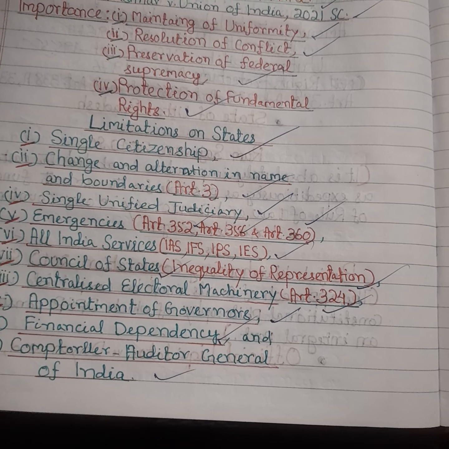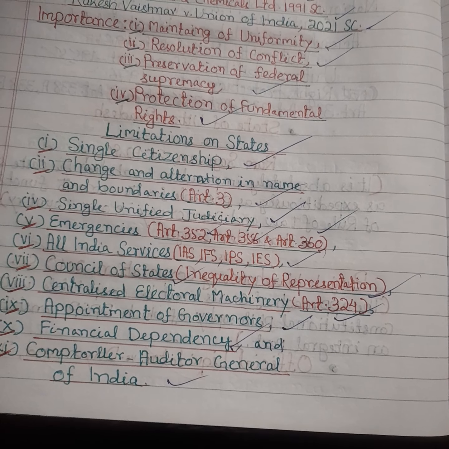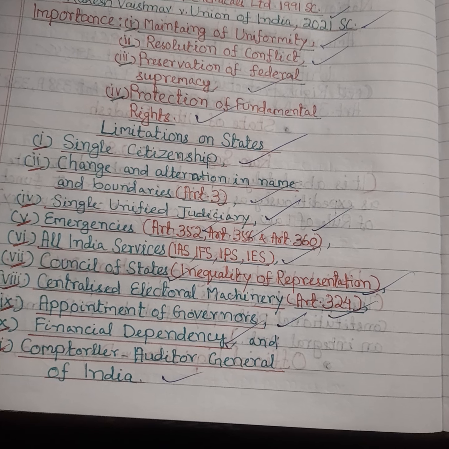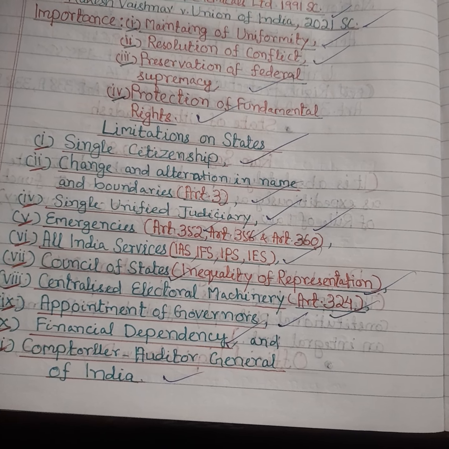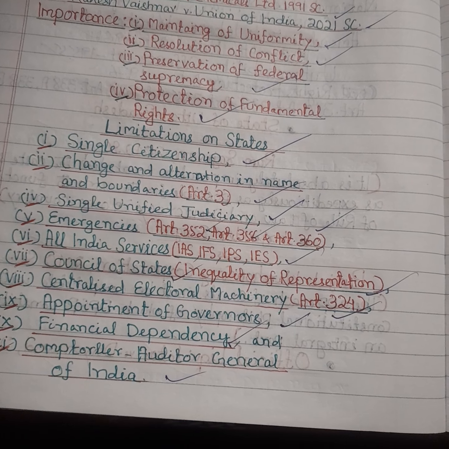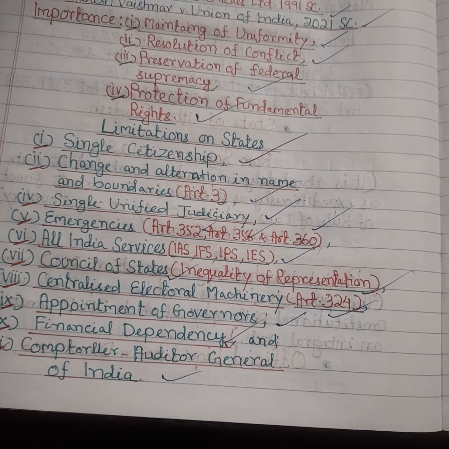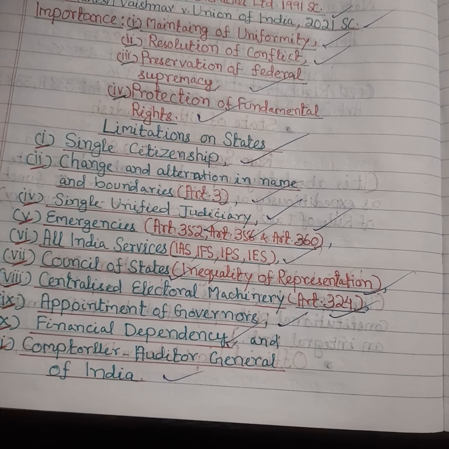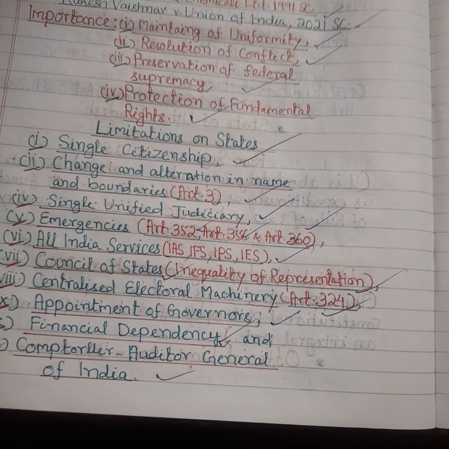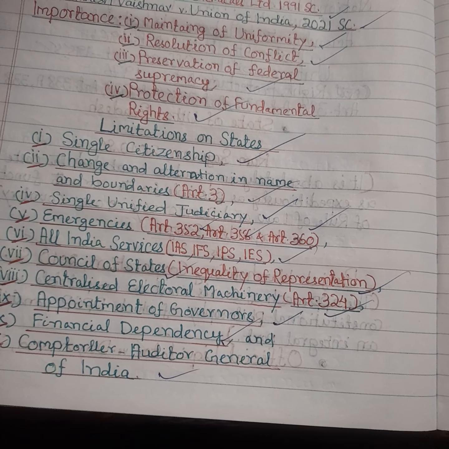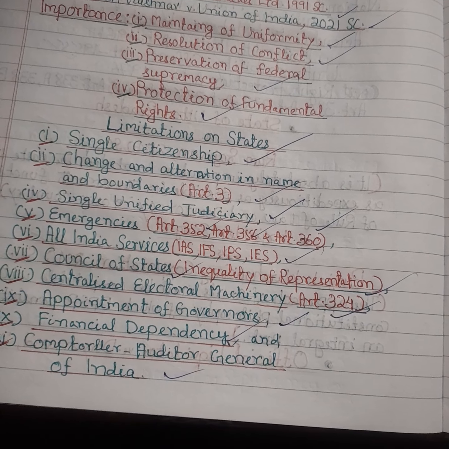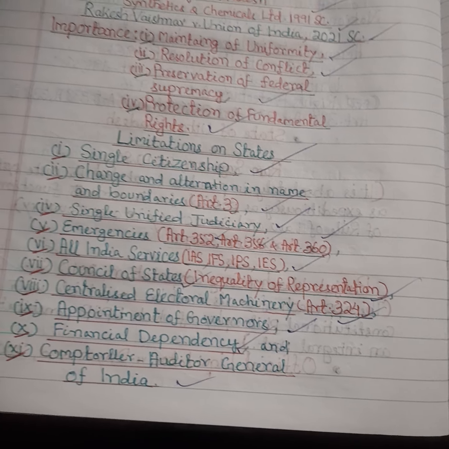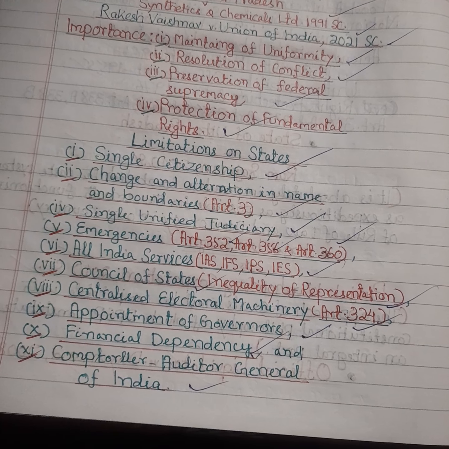However, it is unique in India and has been tailored according to the needs of the citizens of India. A bit of a tilt has been made towards the center to ensure unity and integrity as well as to serve the specific needs of the country.